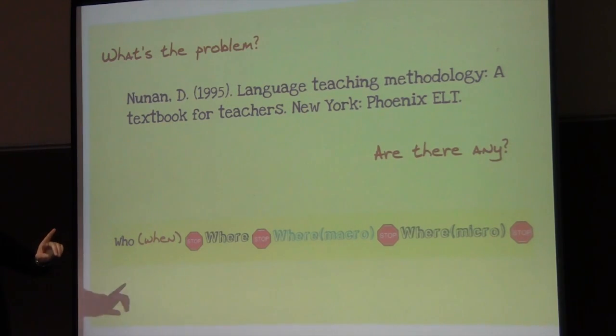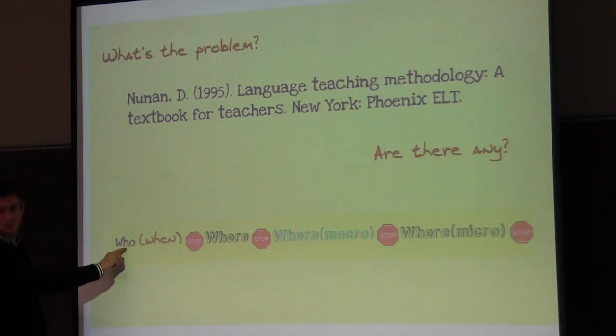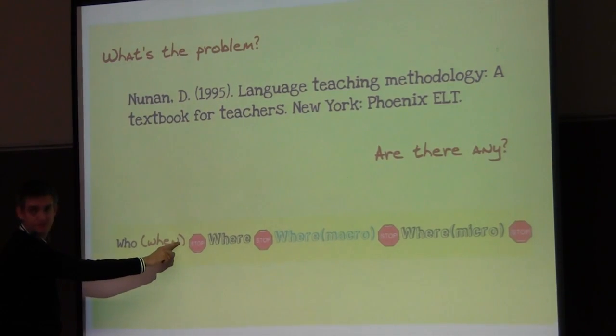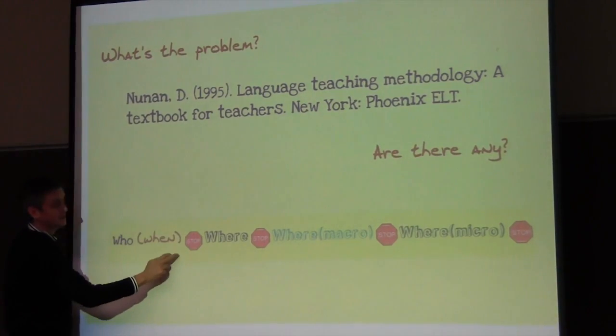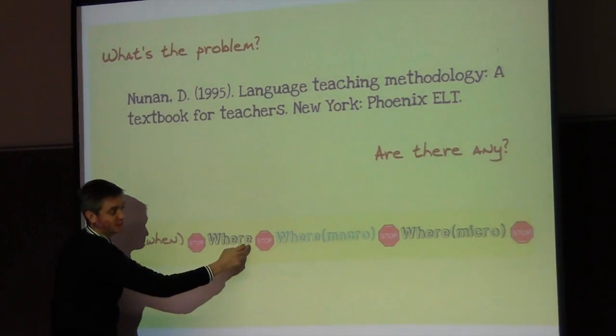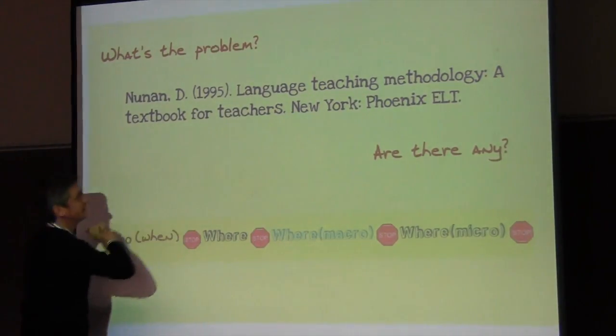So let's talk a little bit about the order. There is a logic to the order of the way things are placed in an APA citation or in an APA reference, and I kind of remember it like this. So we've got who wrote it, when they wrote it, then a stop, period. Then we have where they wrote it. So we've got the title of the article.